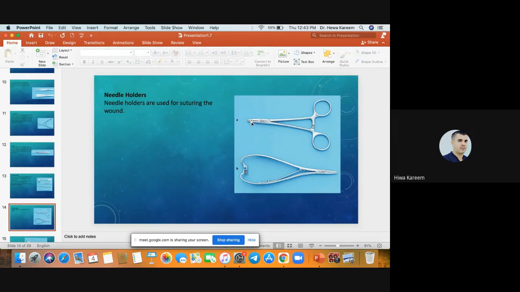The end of the needle holder is cross-hatched, but in artery forceps the blade is parallel when grasping the artery. In the needle holder, the blade is cross-hatched to grasp the suture.